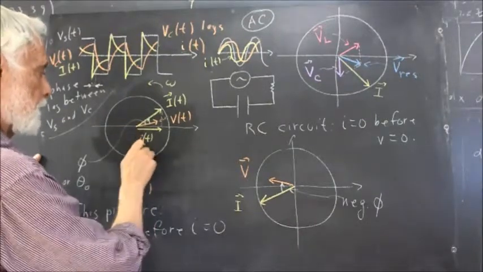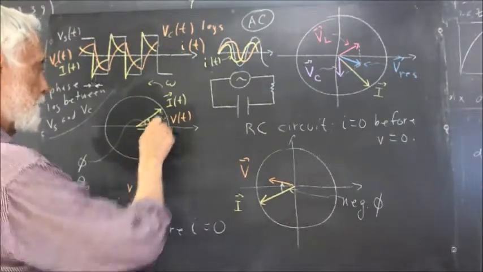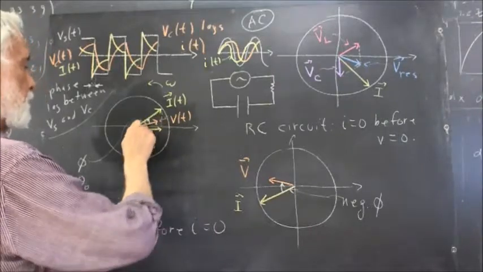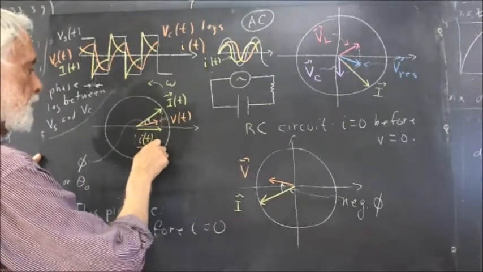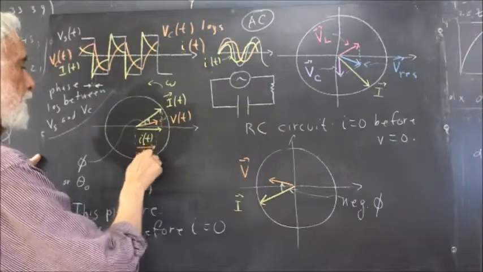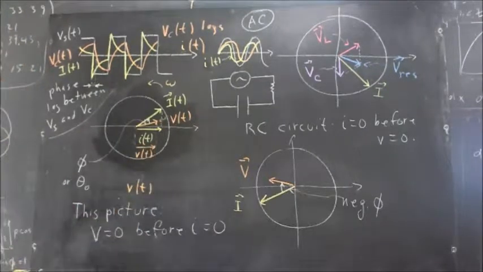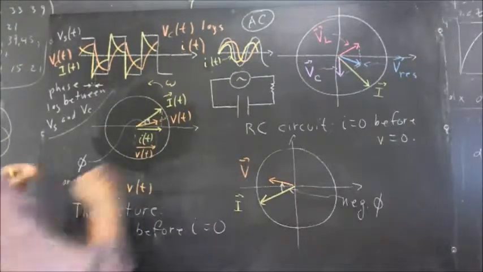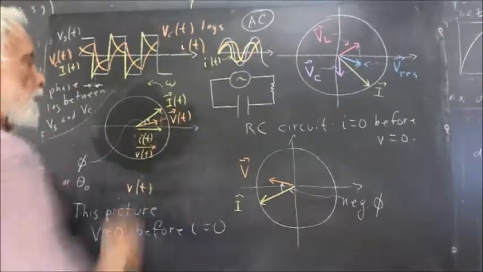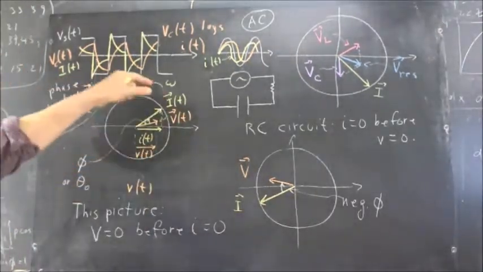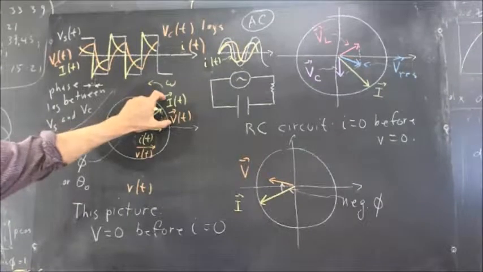Now, I can't draw that up here, but we see that this voltage vector projects down here, so we have our v of t. I'm going to call this the vector that rotates around the reference circle. These vectors don't really exist.